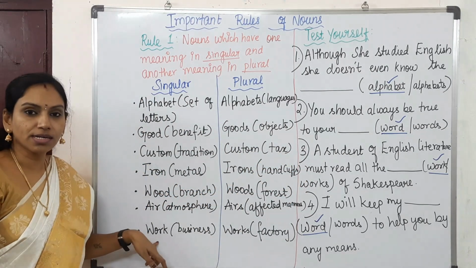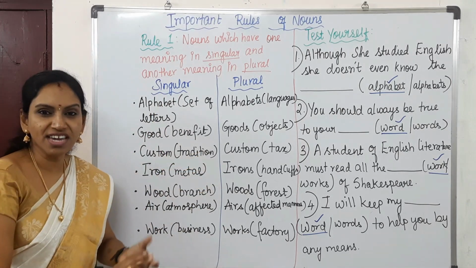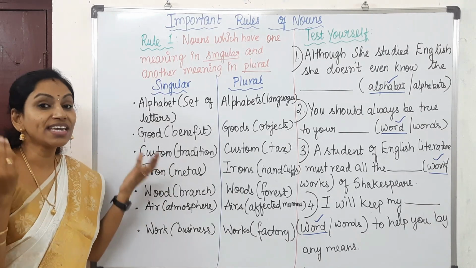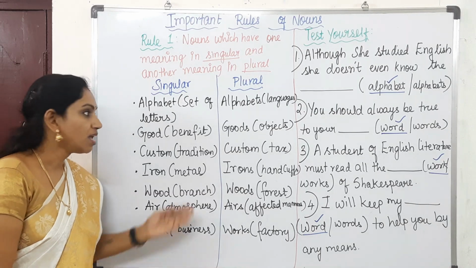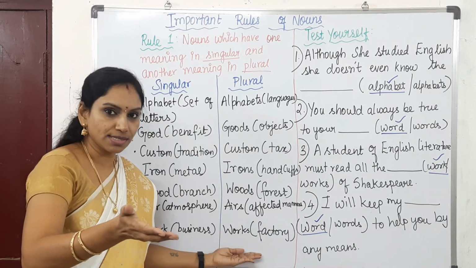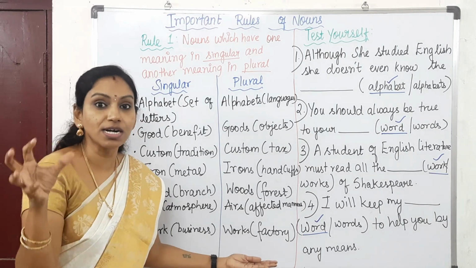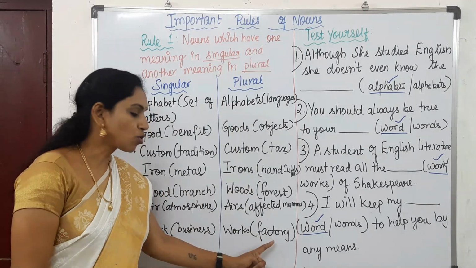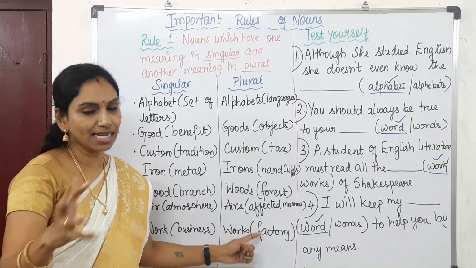Next, work. Singular. Work means some sort of work he is doing. What work? He is a painter. That's a work. His business. If the same thing, works means fireworks. Crackers are called fireworks. So, the same work in plural, you call it works, means factory, fireworks, like that.